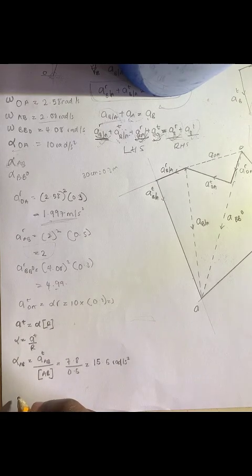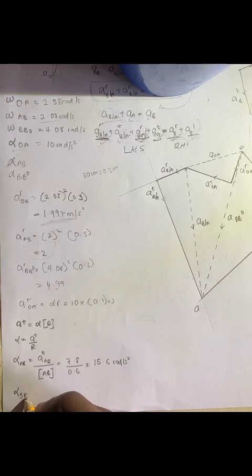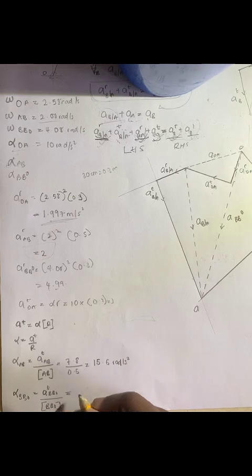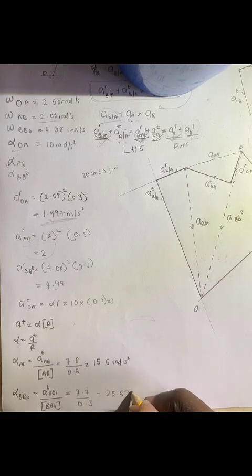Now the angular acceleration for BB0 is the tangential acceleration for BB0 over the length of BB0, which equals 7.7 over 0.3, and that equals 25.67 rad per second square.